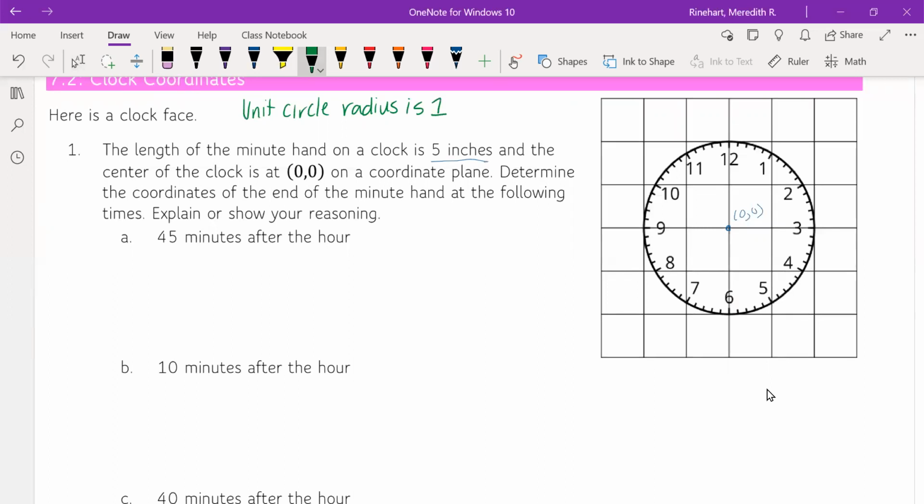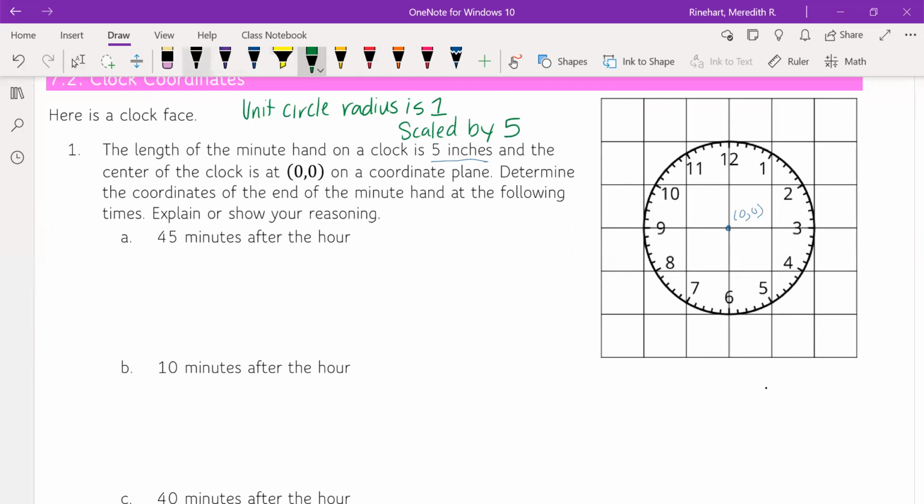Because the unit circle radius is 1, and this clock has a radius of 5, we want to think of this clock as scaled by 5. So our x and y coordinates each need to be multiplied by 5 or scaled by 5.